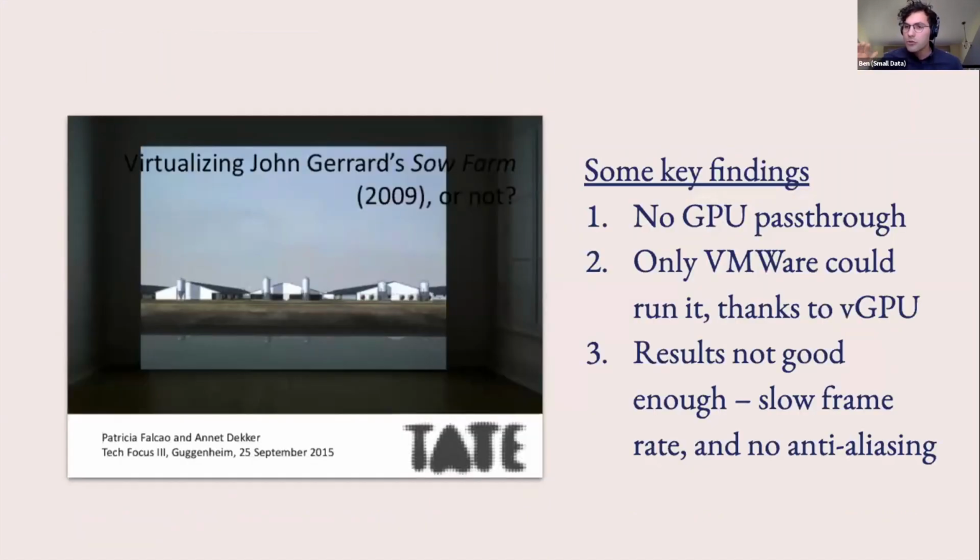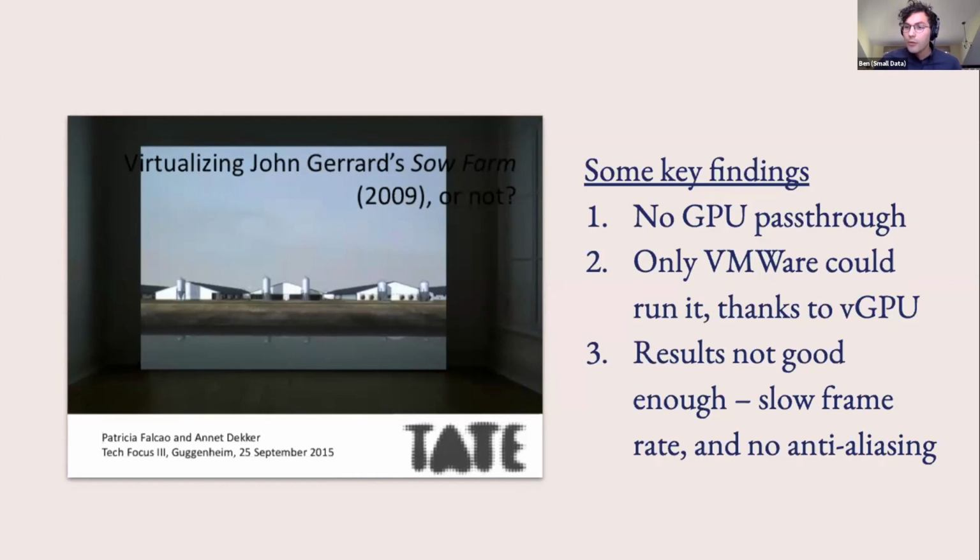Not to be too reductive, but three key findings in their research were, first, that the virtualization tools available at the time in 2015 were not capable of passing through the host machine's graphics processing unit, the GPU. In fact, only VMware could even run the artwork, and this was only because it had a built-in virtual GPU, or vGPU.